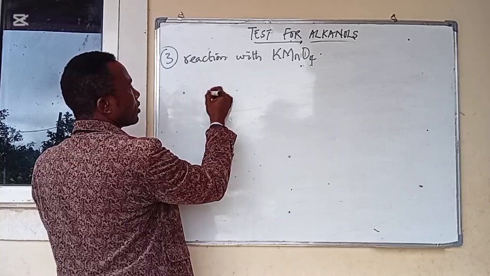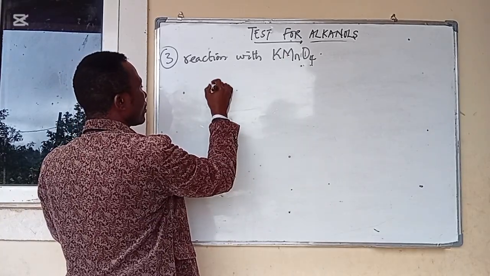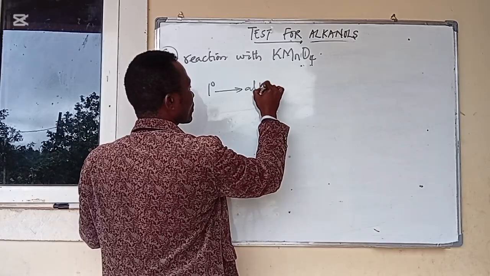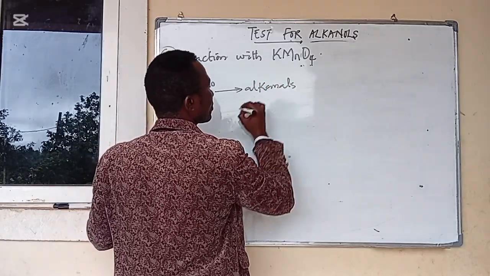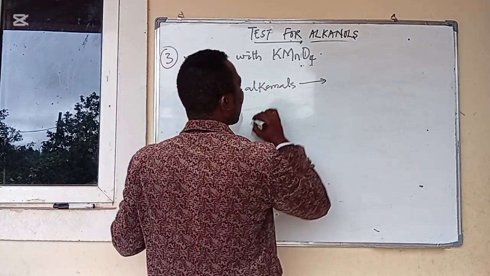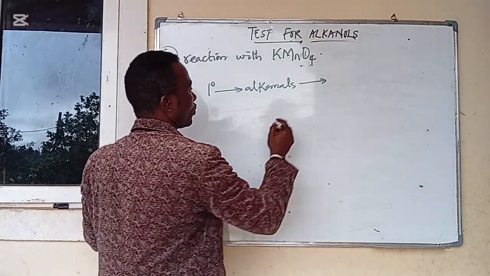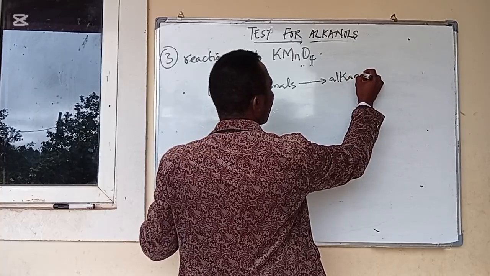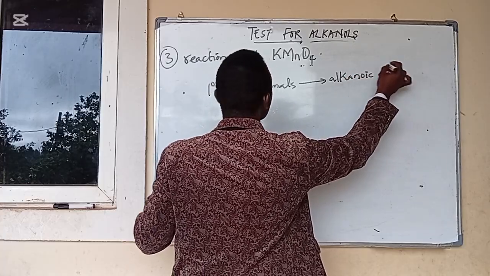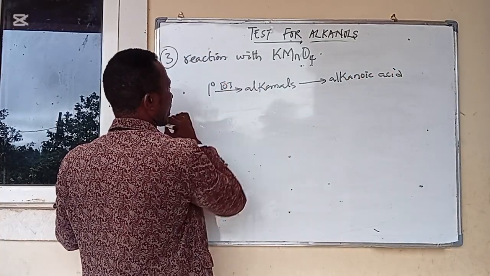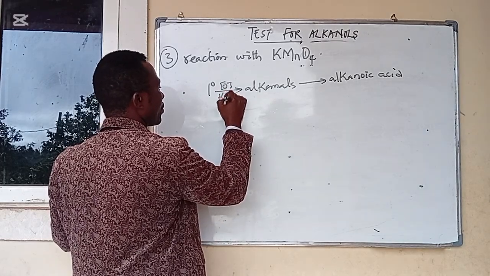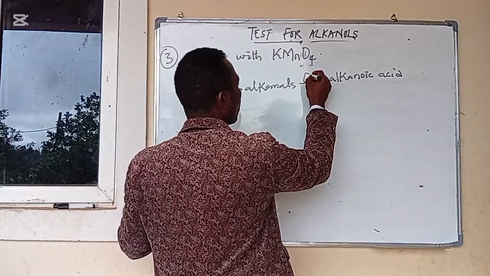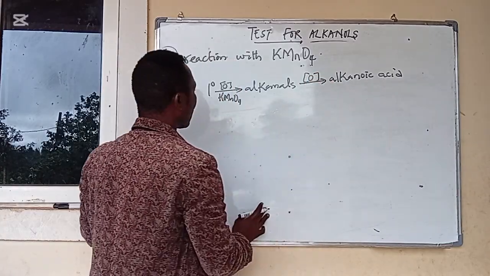When this reagent KMnO4 reacts with primary alkanols, it will give you alkanals, then further oxidation will give you alkanoic acid. So when you oxidize primary alkanol with KMnO4, you get alkanals. Further oxidation will give you alkanoic acid.